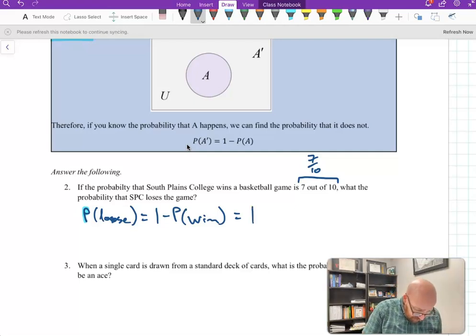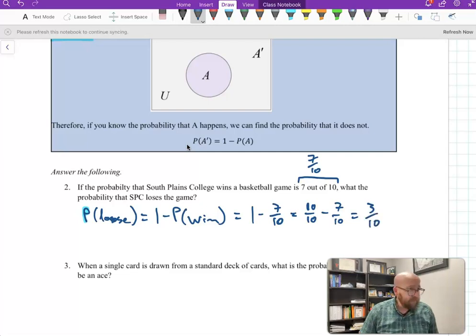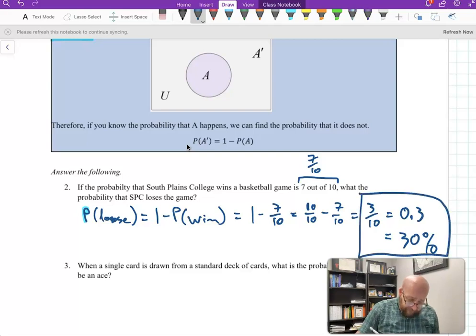So we have 1 minus 7/10, which is equal to 10 tenths minus 7 tenths, which is 3 tenths, or 0.3, which is equal to 30%. There is the probability that they are going to lose the game.